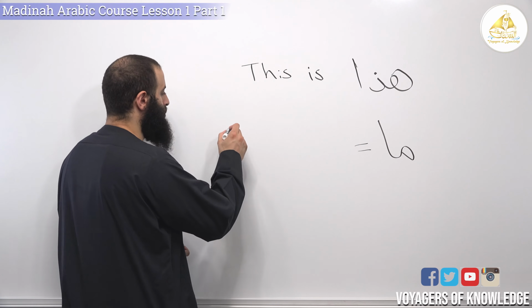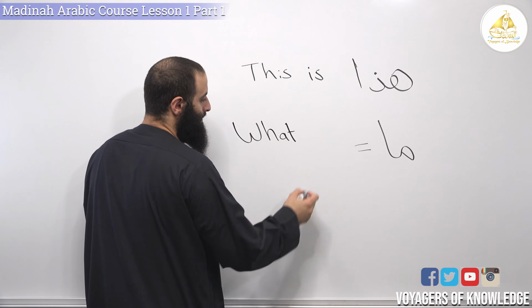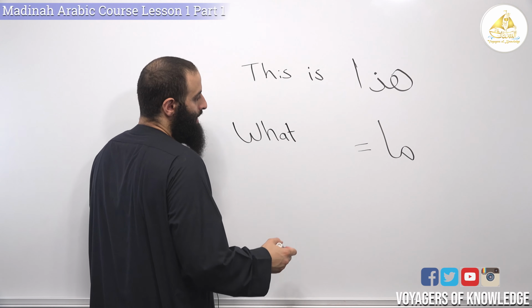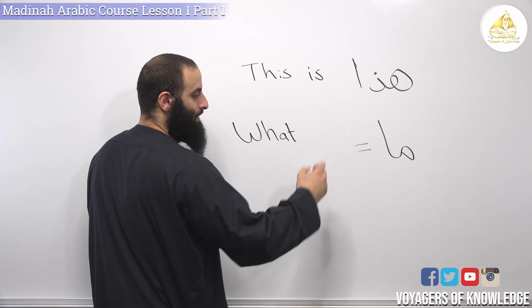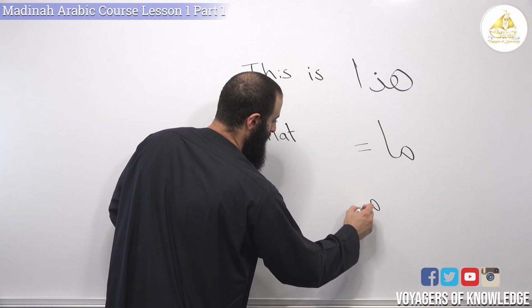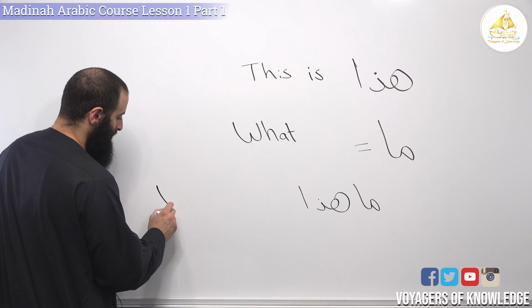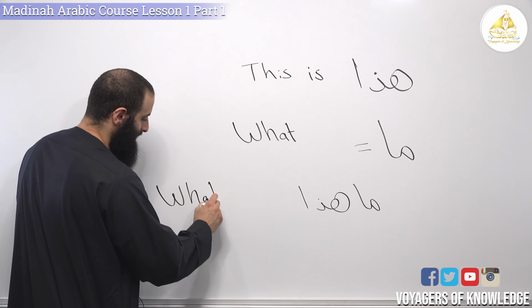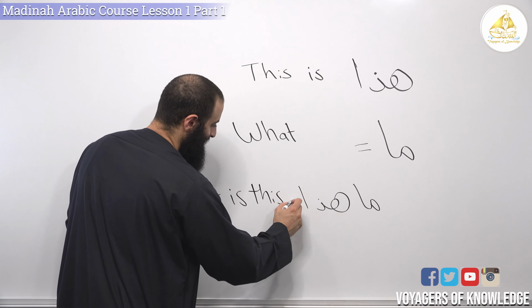A lot of times it'll be translated as just what. But if you pair it with something like ma hada, it now becomes, let me write the whole thing, ma hada. It becomes what is this?